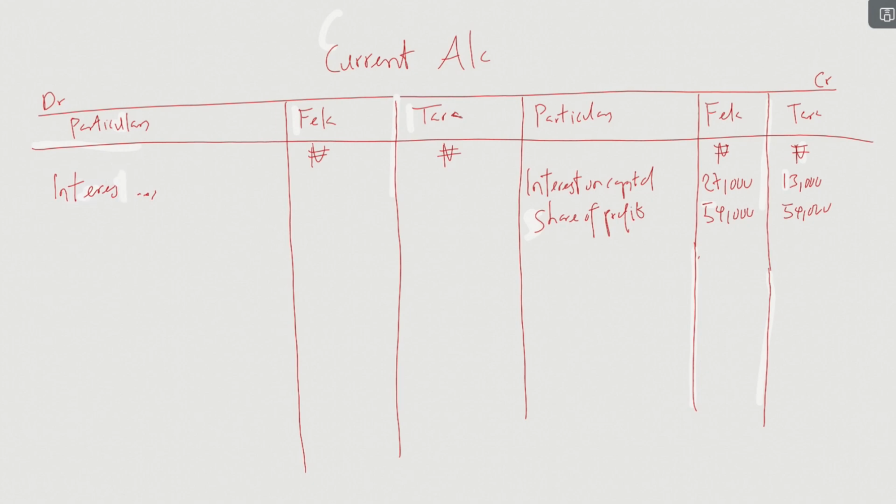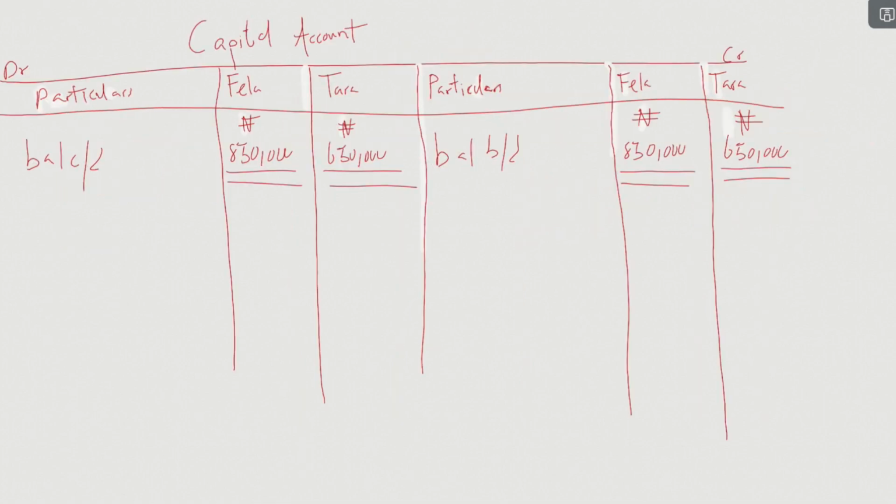Yeah, we're going to have interest on drawings and drawings also. Fela was the only one that had interest on drawings and it was 4,000. Then drawings, Fela was also the only one that had drawings according to the schedule I prepared earlier.